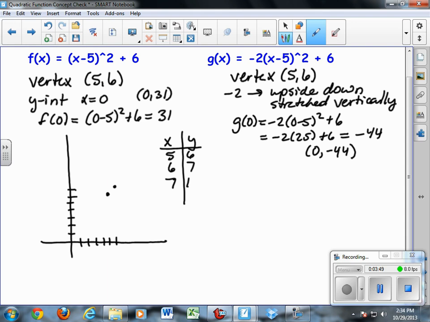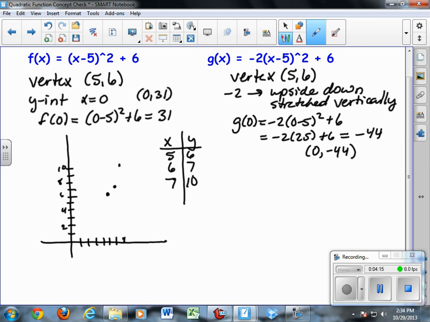So notice when I went over 1 in the x direction, I went up 1 in the y direction. If I go 2 in the x direction, it takes me 4 in the y direction. Same pattern as I noticed before. So now if I go over to 7, I'm up to 10.